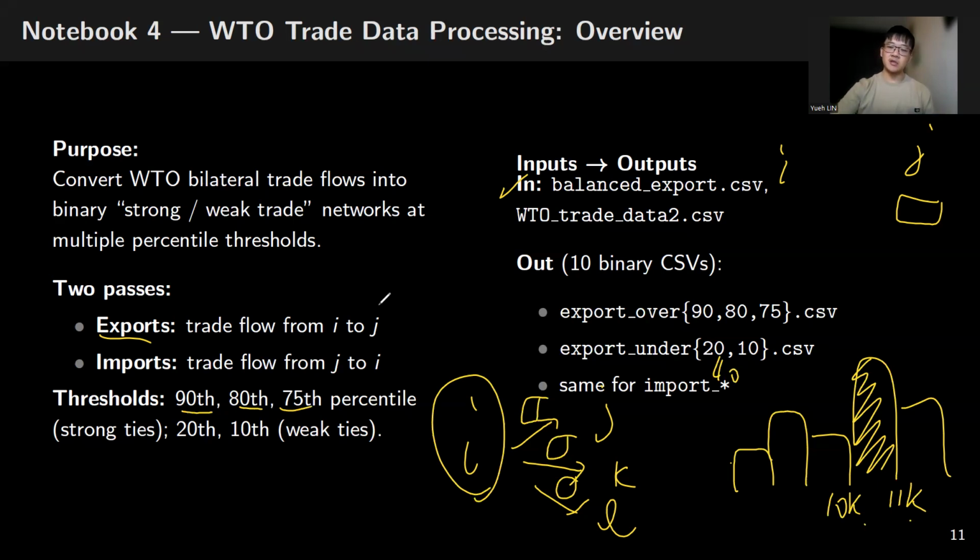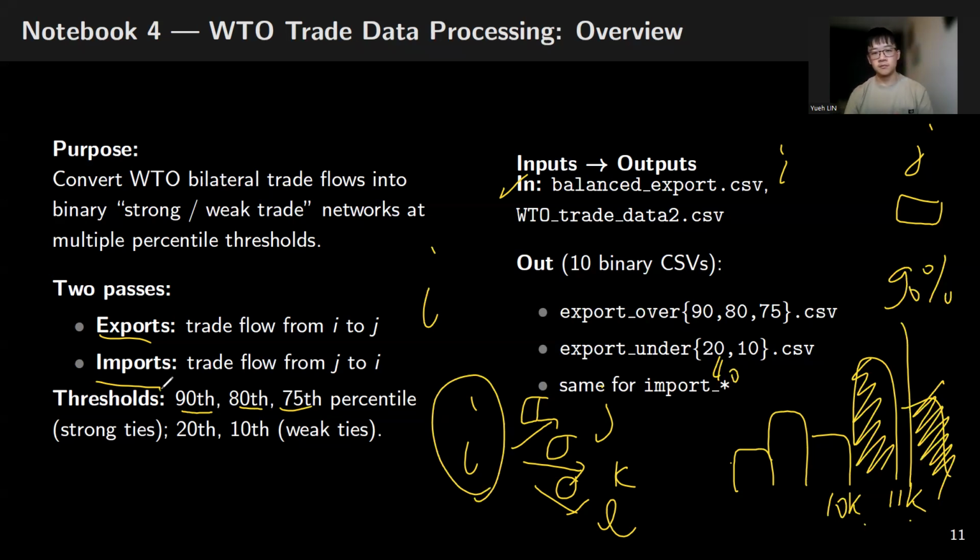And we just take the percentile. Let's say this is the 90th percentile. So above 90%, these are the highly cooperating countries for country I. So that's what we do here. The same thing can be done with imports. On the other hand, we connect to all the different countries that export.